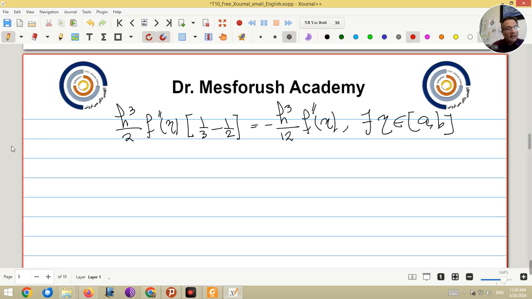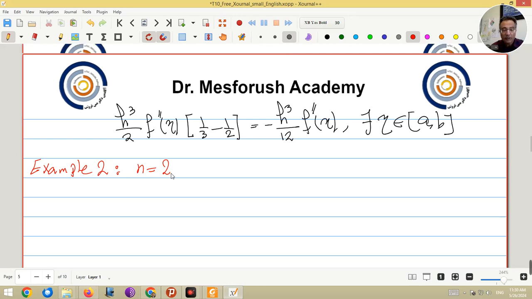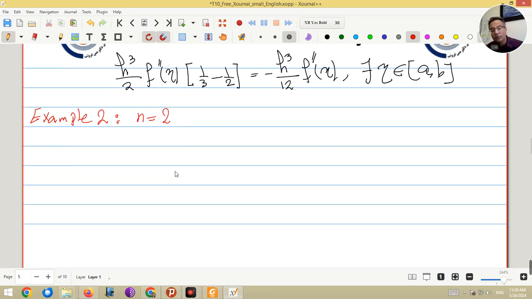For the second example, let n be equal to 2. So, in fact, I want to compute the Simpson method by the Newton-Cotes formula, and also I want to compute the error term. Okay? So, let me put x0 be equal to a, x1 be equal to x0 plus h, x2 be equal to x0 plus 2h.